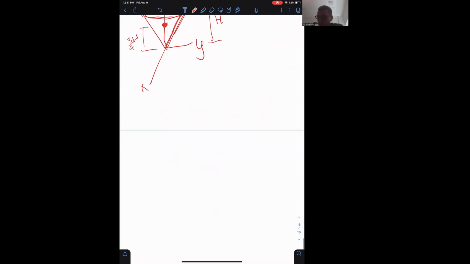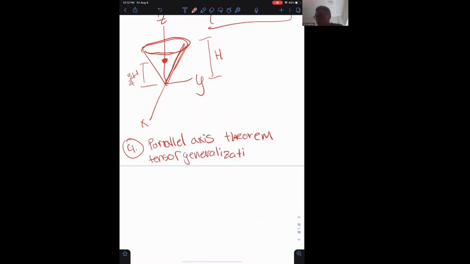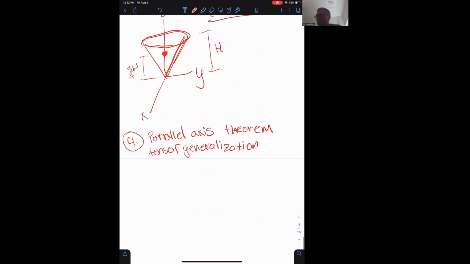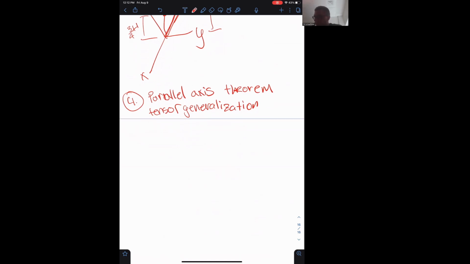And to do that, we're going to use something called the parallel axis theorem, tensor generalization formula, which is a big, scary formula that is actually not very scary at all.